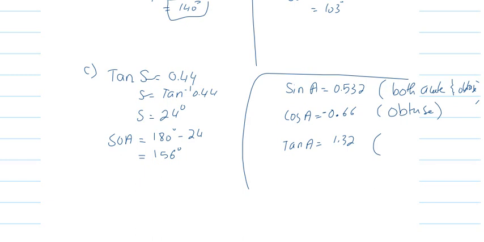It's a positive tan. Tan of obtuse is positive or negative? Negative. So only acute, because it's positive.